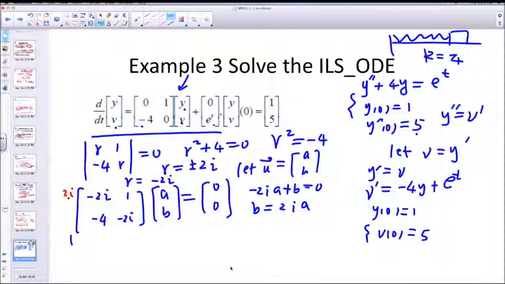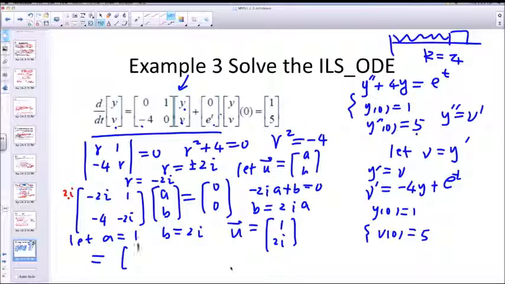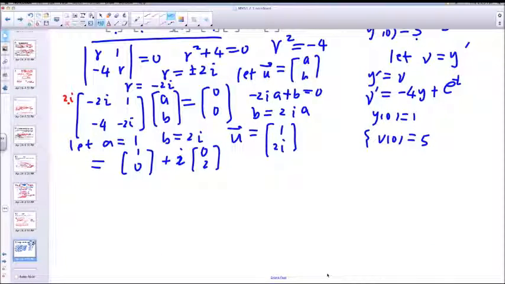You have the freedom, you remember this. I can let a equal 1, then b equals i, and then my vector is going to be 1, 2i. I will write it as (1, 0) plus i times (0, 2). That will be my a vector and the plus i, b vector.